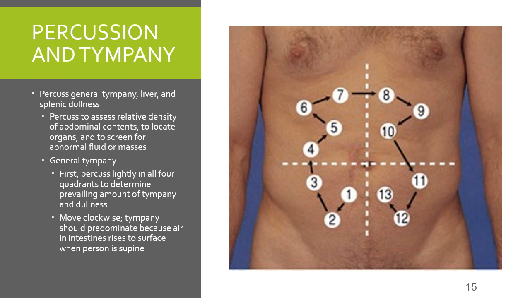This is giving you kind of over the, again, the cecum and the large intestine. 6 and 7 are more over the liver, so those should be dull. 8 and 9 kind of over the stomach. And so depending on how much gas or air is in there, those might be a little hyperresonant. But all of these are kind of over the intestines, so most of them should have a tympanic sound.